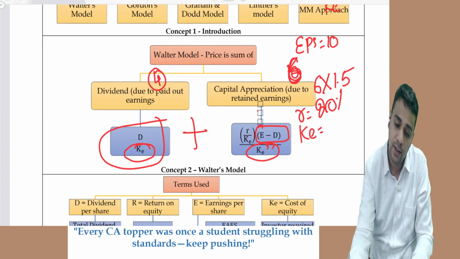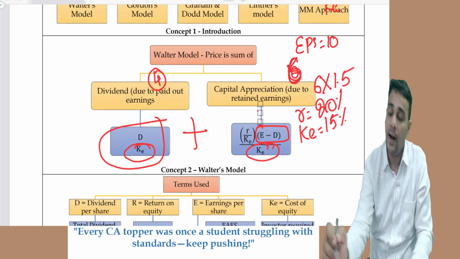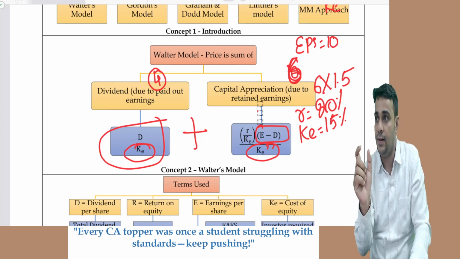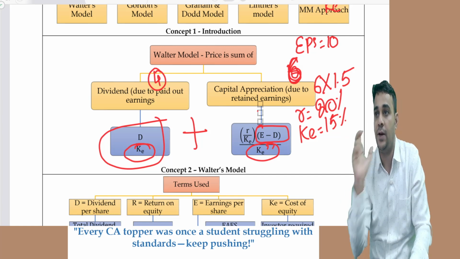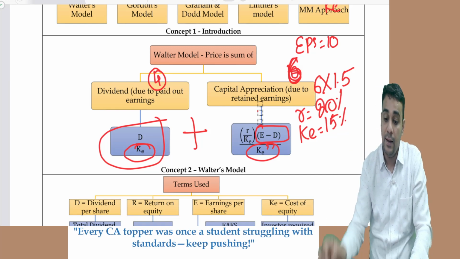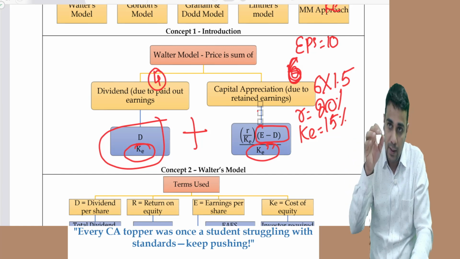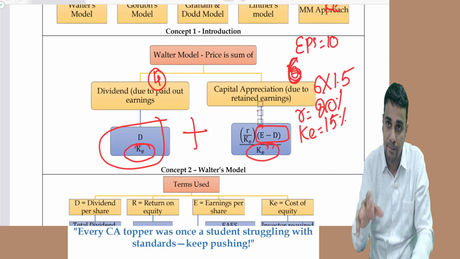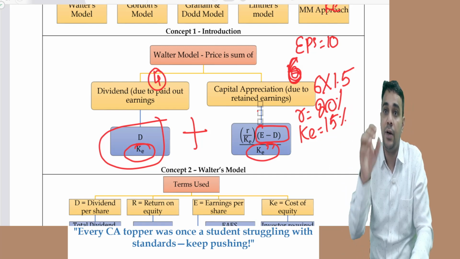Shareholder is wanting 15 and the company is earning 20. So we will multiply the retained earnings by 20 by 15, which is a multiplier of more than one. If R is 15, KE also 15, it is 15 by 15. If R is 10, KE is 15, it is 10 by 15.